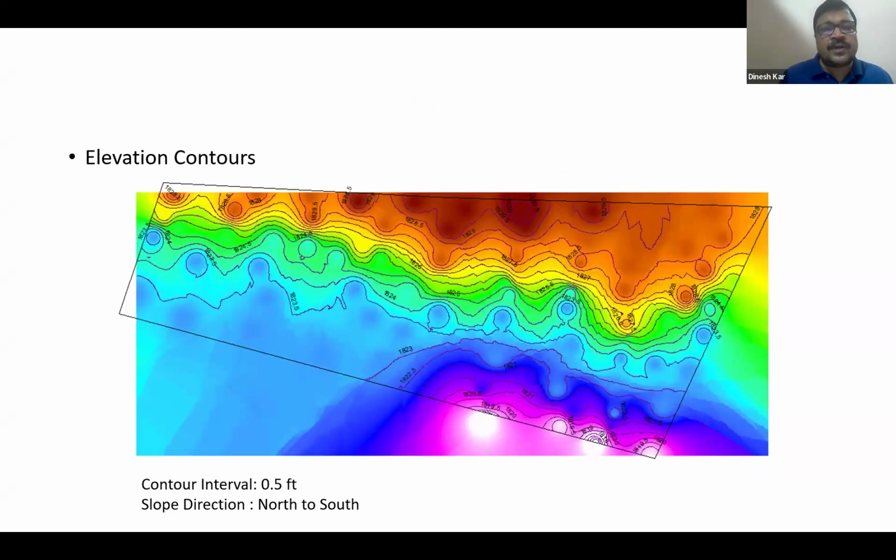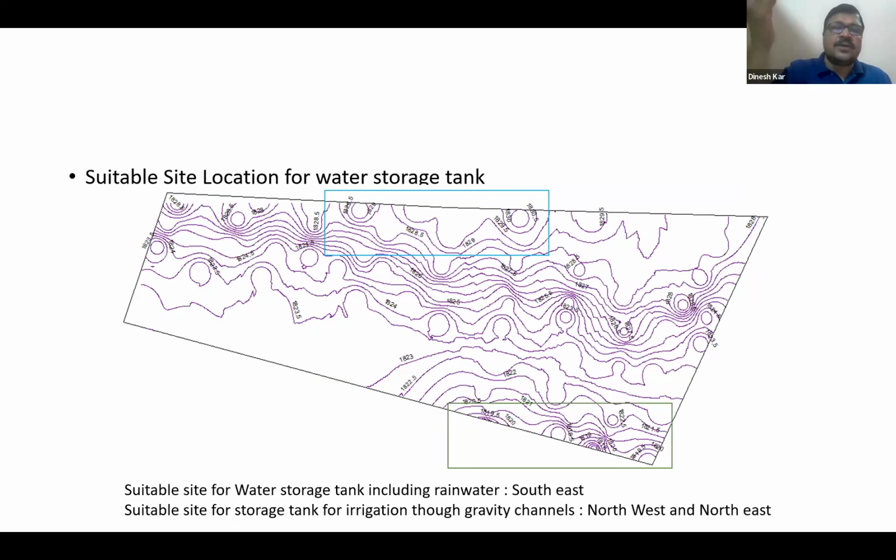Then contours were generated out of it. Then we came to know that the slope is from north to south. So you can put one storage tank on the top, from where you can do the irrigation supply through the gravitational method. And if any excess water is there, that can also be stored in another tank, which can be put in the southern part.